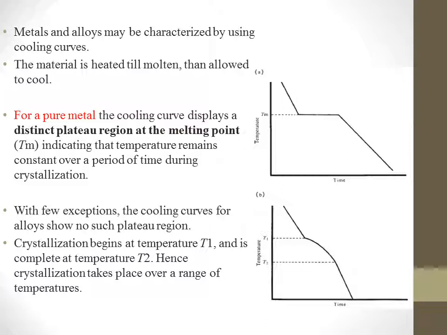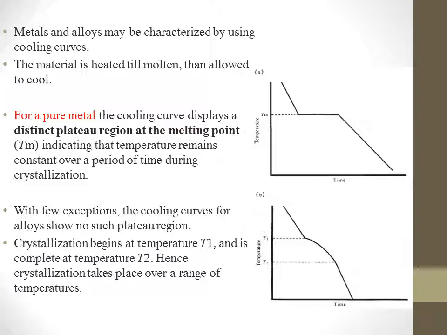Another important and interesting fact is that the temperature remains constant during this time. As you all know, when melting is taking place, the temperature remains constant over a period of time during crystallization, and then again there is a sudden drop in the temperature when it starts to cool and solidify, and this all takes place over a certain period of time.